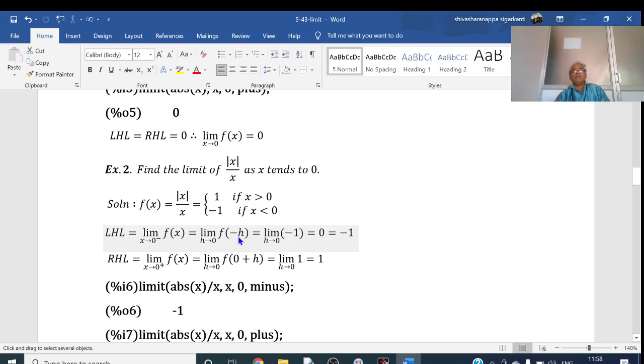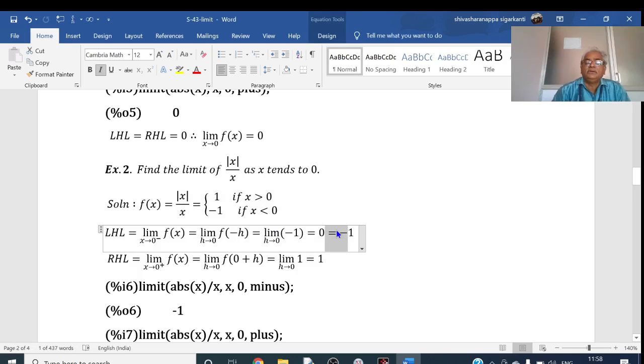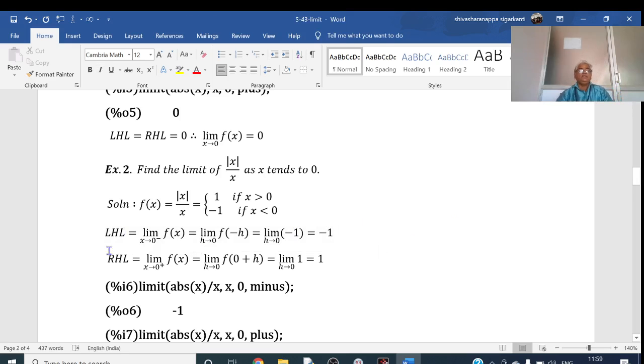So f of minus h equals minus 1. So the limit as h tends to 0 of f of minus h is minus 1. Next, to find the right hand limit of f of x as x tends to 0 plus.